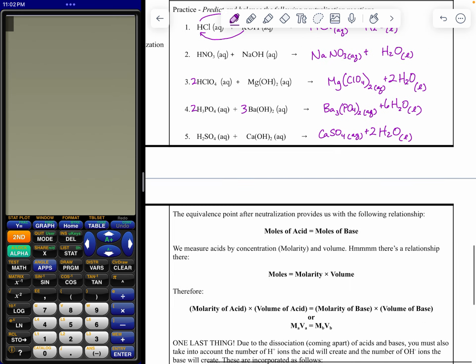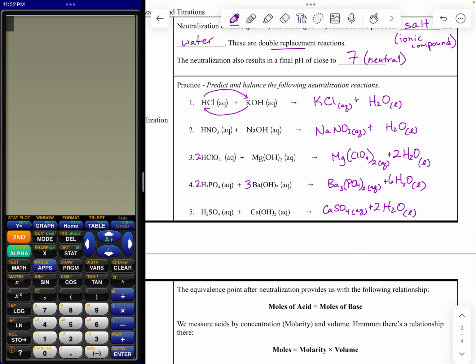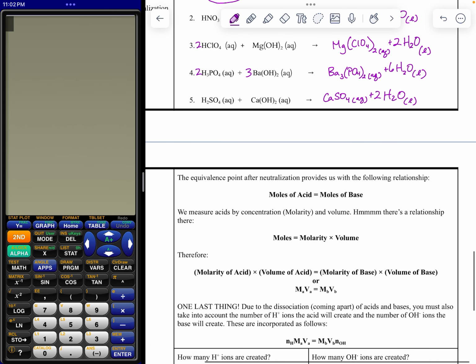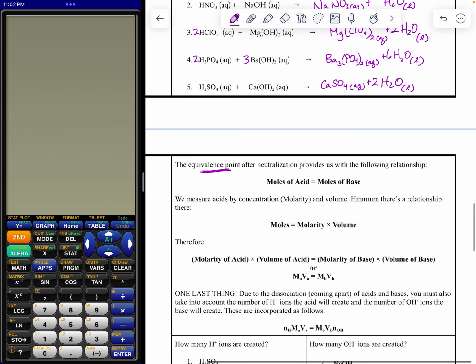And what happens in neutralization reactions, again, is that we are trying to even out the moles of acid and moles of base. So that's what we call an equivalence point. All right, and at this equivalence point, the moles of that acid should equal the moles of the base.